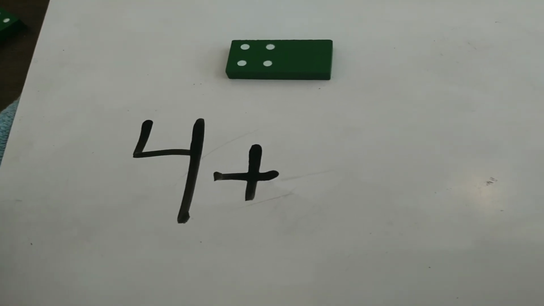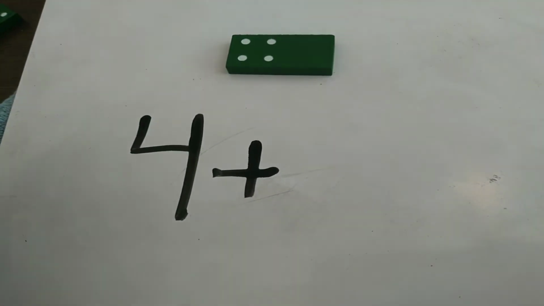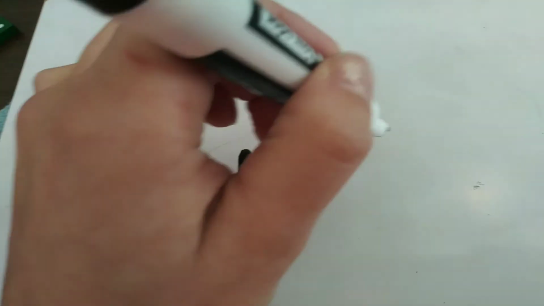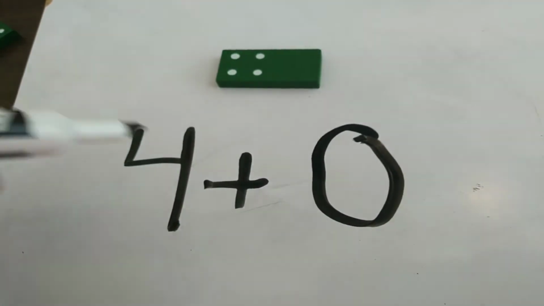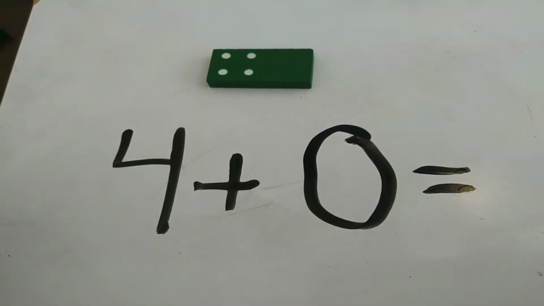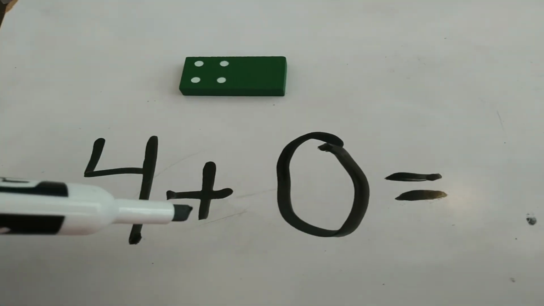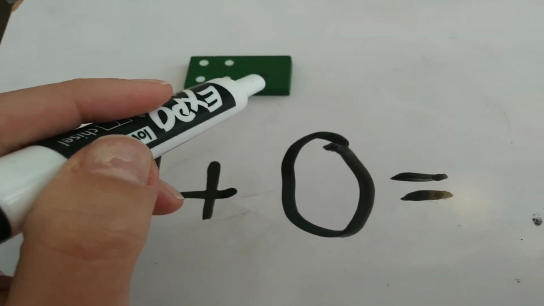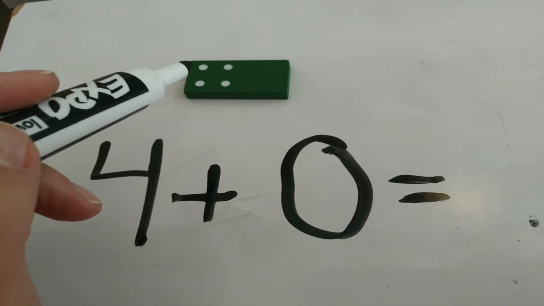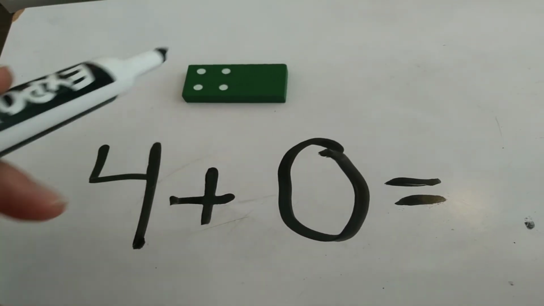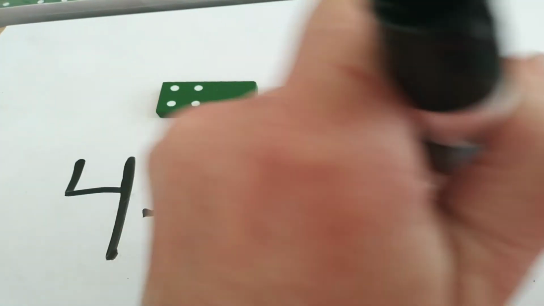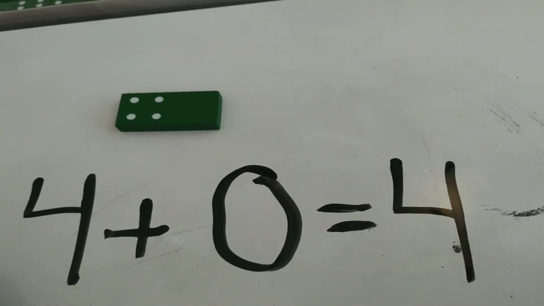So what number represents nothing? There's nothing on that side. Very good. It's 0. 0 represents nothing. Okay, so now I've got to add everything up. So 4 plus 0 equals how many? Now since there's nothing on this side, I just have to count this one group and I'll still get my total. 1, 2, 3, 4. Very good.